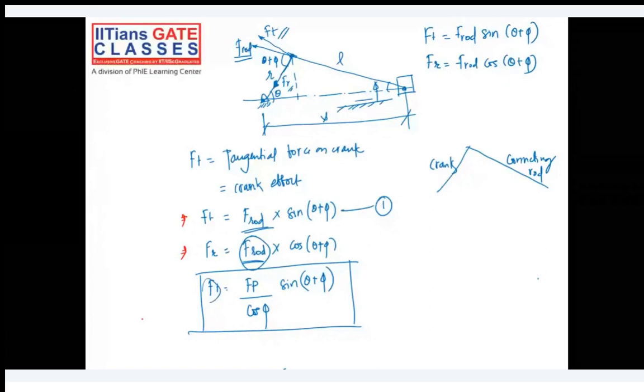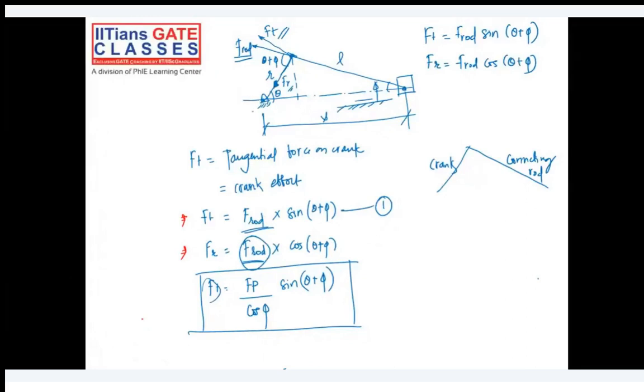Let's say this point is O. The turning moment about the center of rotation of the crank will be equal to Ft into r. Can I write it like this? Turning moment is equal to Ft into r.